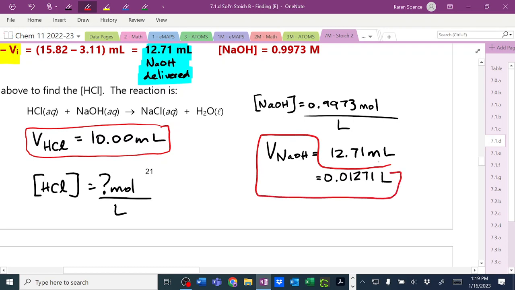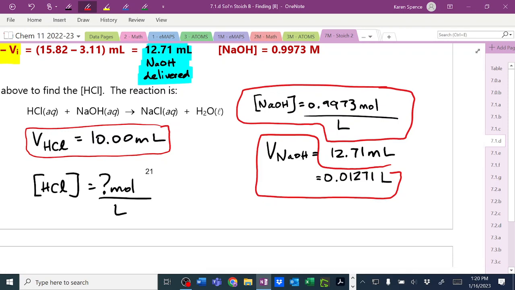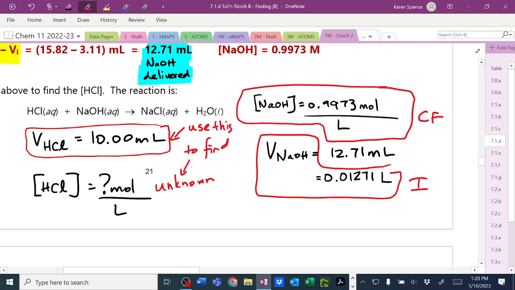Or is it going to be the concentration of the NaOH? Which one is my initial? NaOH is my initial because this is my unknown, right? So I'm going to say this is my initial quantity. The moles per liter is going to be a conversion factor, and I'm somehow going to have to use this to find the concentration. Is that good? Okay.